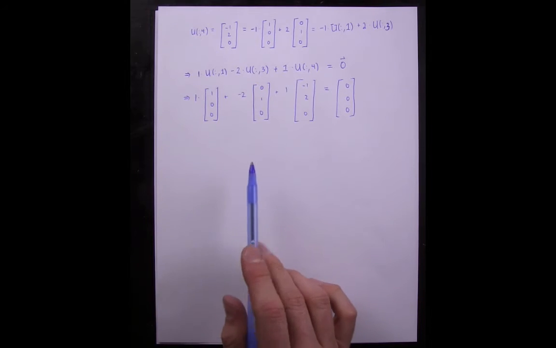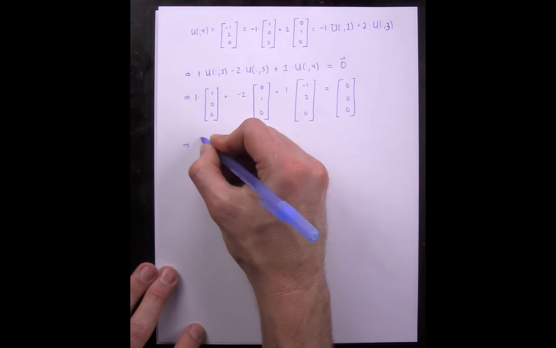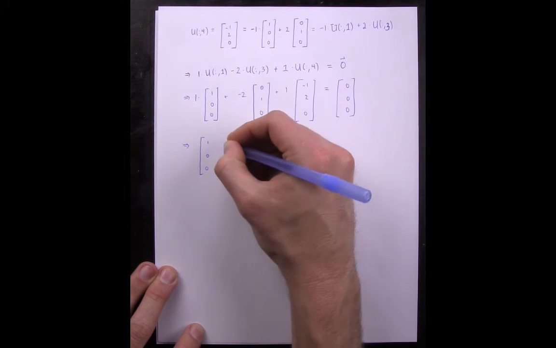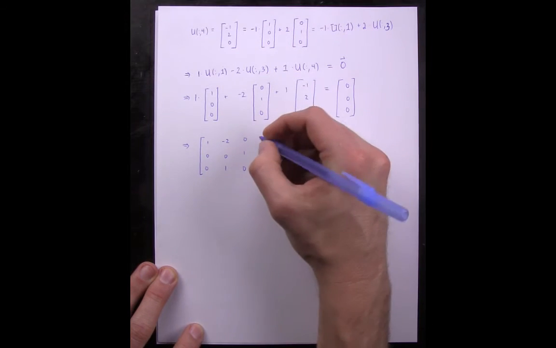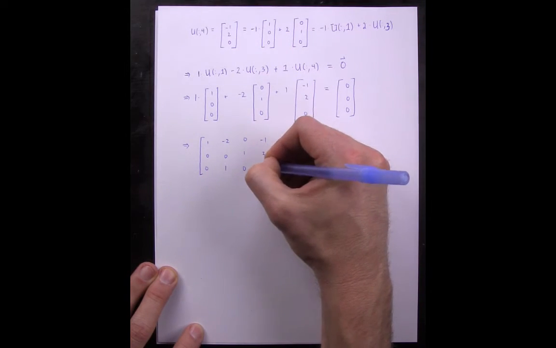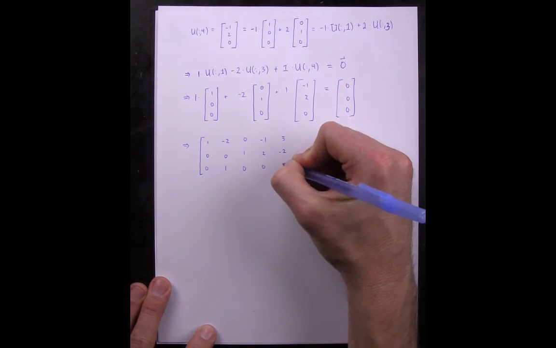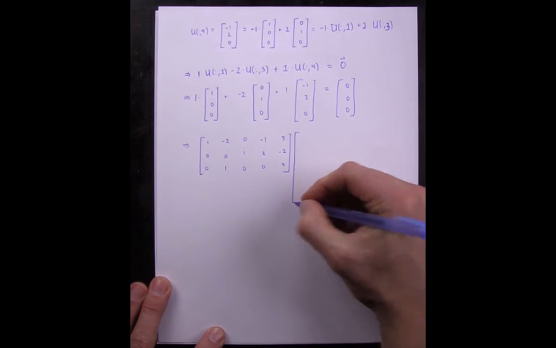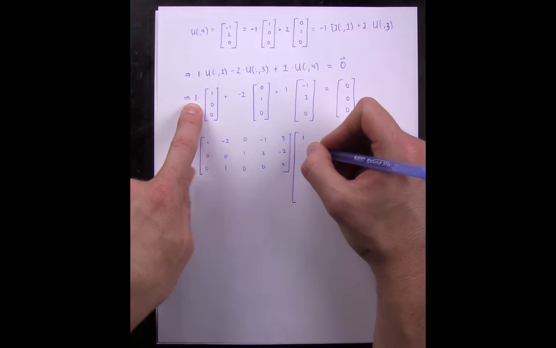We now do the same linear combination using the column partition version of a matrix, and we see that in order to produce 0, we multiply our matrix U by our second linearly independent solution, where I take 1 times the first column.